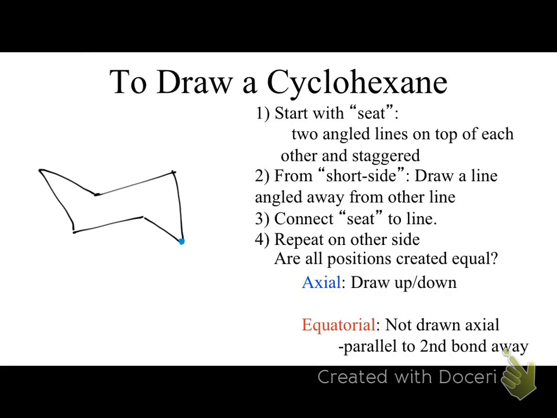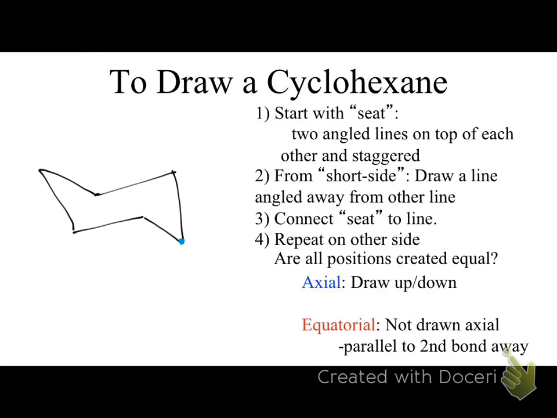I've got two ways that I could draw, up or down. Which way should my axial position be? Up or down? Let's go through and take our model kit. See the chair? Where's our axial position? Down. Aimed down.